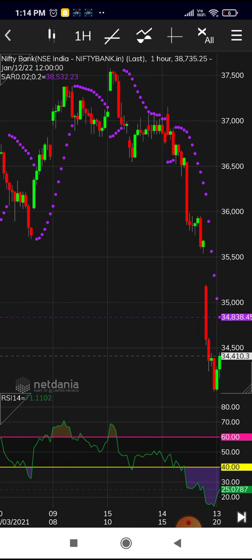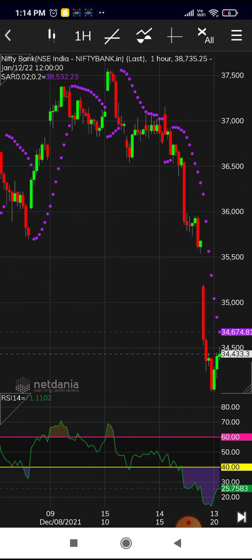You can see that the price has fallen down to 34,400 right now in the chart, and the dot value is 34,674. It means the stop loss value is 34,674. You have shorted it, and we had a nice fall of nearly 2,000 points, more than 2,000 points in this case.